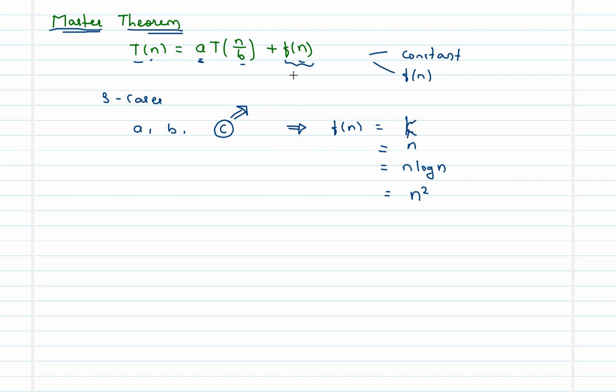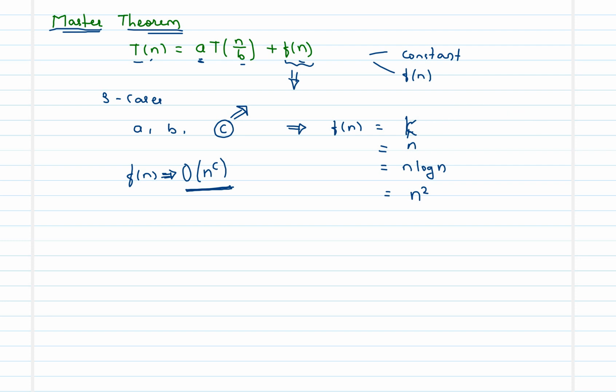Looking at f(n), we write only its complexity in big O, so we can write it as big O of n to the power c. If you compare the complexity of f(n) with big O of n to the power c, we can calculate the power of n, which is the value of c.